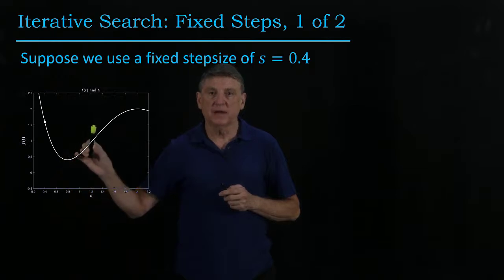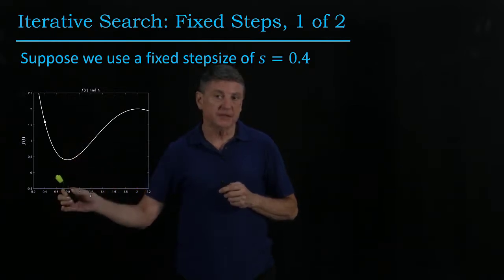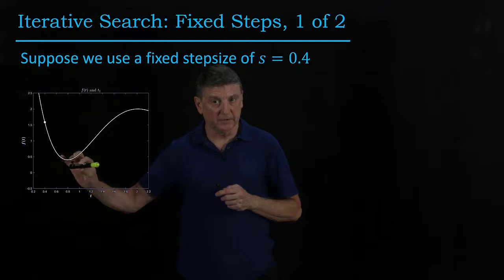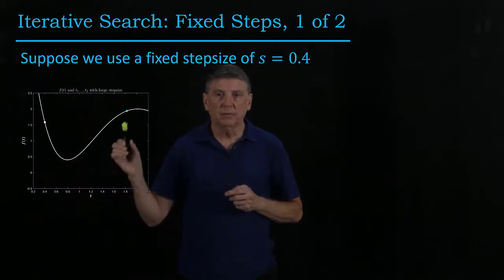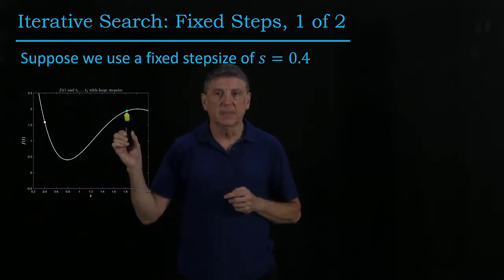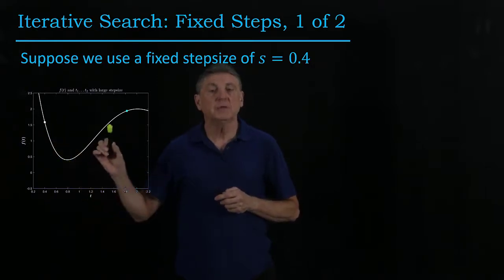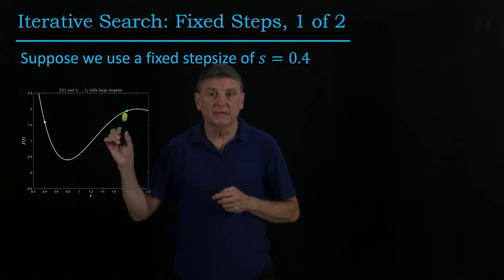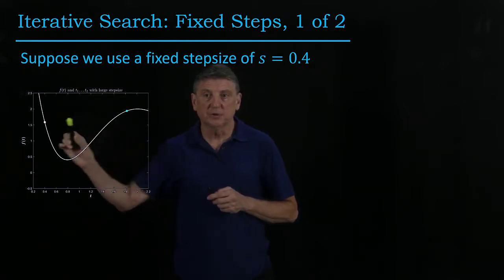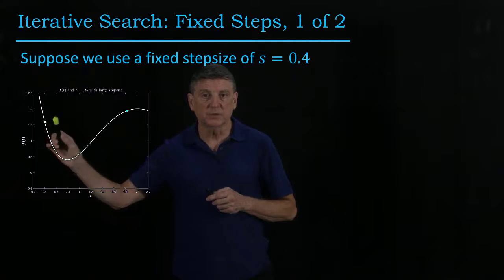And when we multiply this fixed step size times that magnitude, negate it so that we're going in the correct direction, what we end up with is here. Now, not only have we completely skipped the minimizer, we've actually made the problem worse, because the level of the function here is greater than the level was where we started.